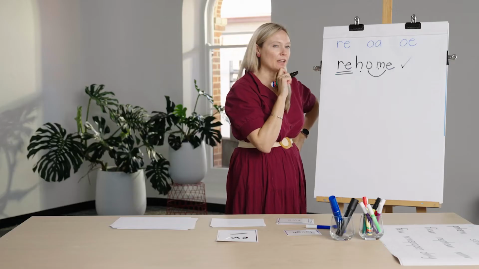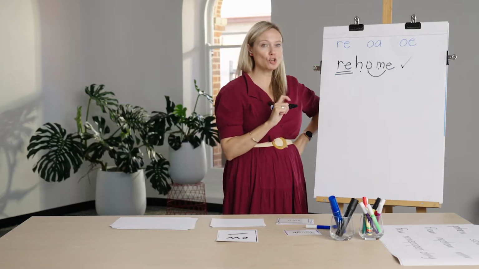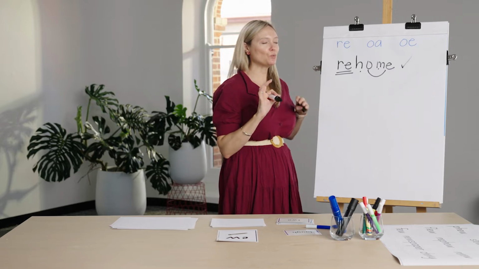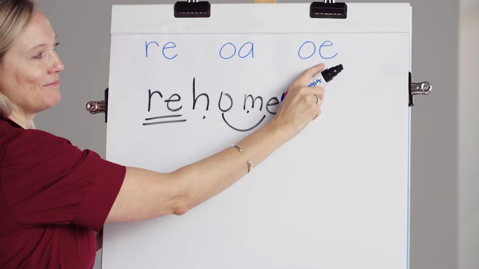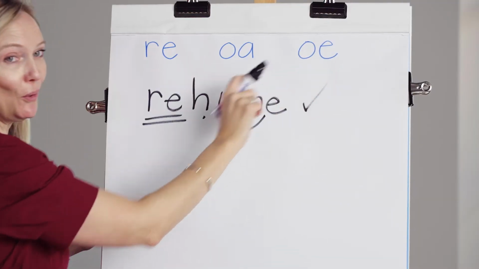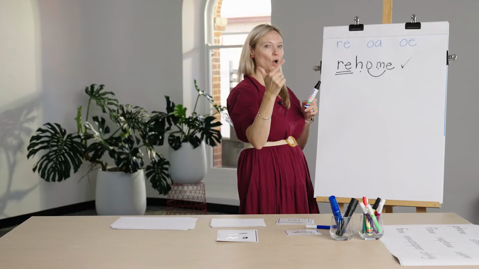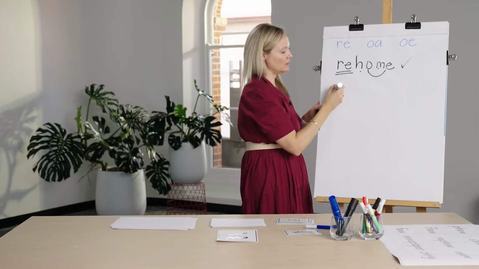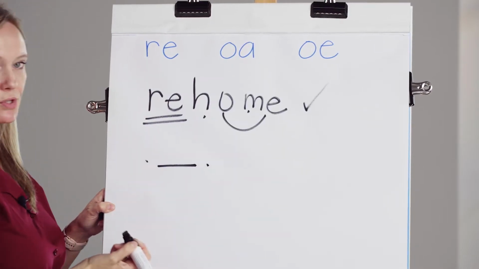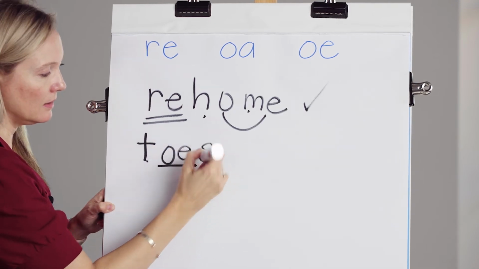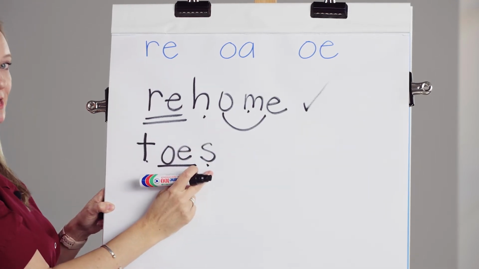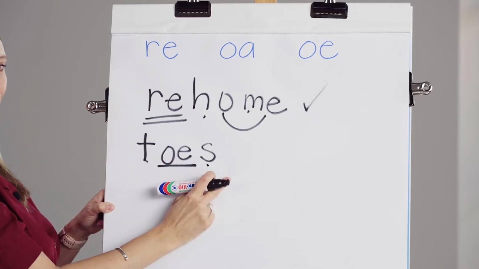Okay, the next word is toes. I like to wriggle my toes in the sand. That's our key word, isn't it, for o-e? Toes. T-o-e-s. Plural suffix s. Toes.